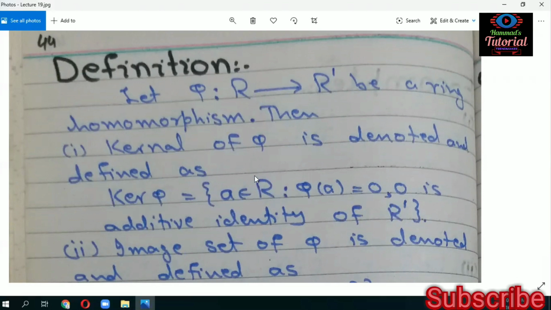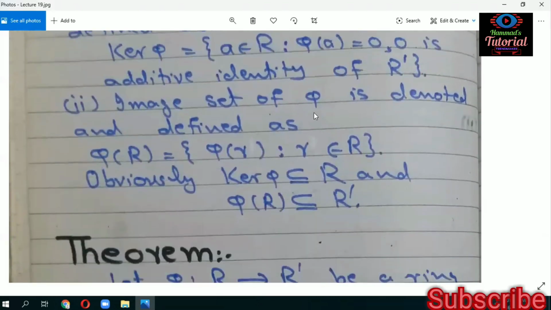Kernel phi is a subset of the domain R, containing those elements of R whose image is the additive identity, that is 0 of R dash. The image set of phi is denoted and defined as phi of R, which equals phi of small r, r belonging to R. Obviously, kernel phi is a subset of the first ring, the domain, and phi of R is a subset of R dash, that is the second ring.